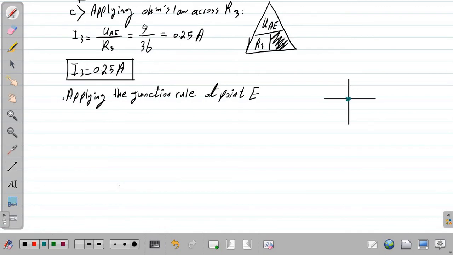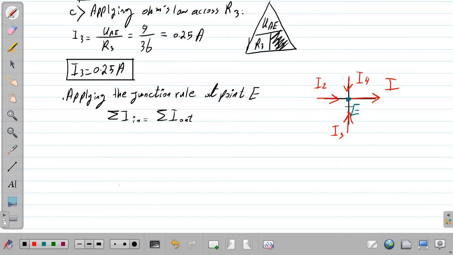This is the point E. I2 is in, I4 is in, and I3 is in, but I is out of this point. So the summation of I in is equal to the summation of I out.